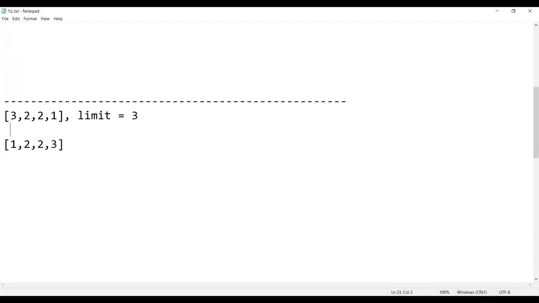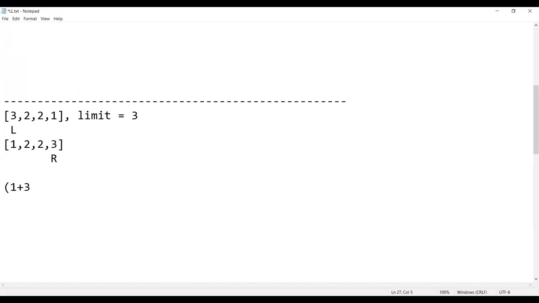So I can start with the left pointer here and then the right pointer here. And then if I add both the values, it will be 1 plus 3, and the limit is 3.